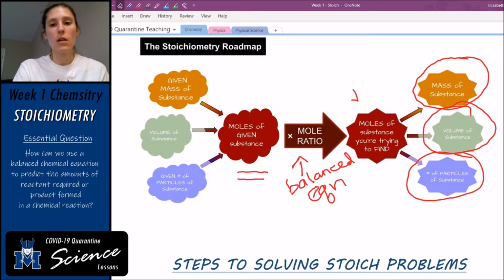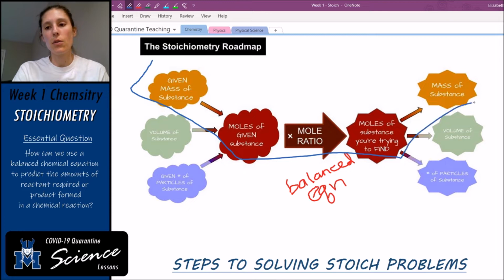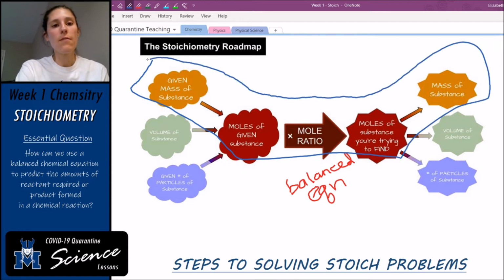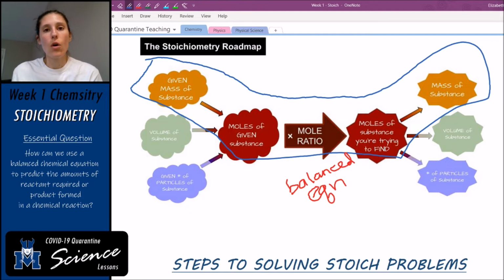Actually, you probably want to keep that diagram, but we are specifically going to just focus on this pathway here. So we're just going to go, given the mass of a substance that you're putting into a reaction, or given the moles of a substance that you're putting into a reaction, how much product are you going to form? And the units will be either moles that you're trying to find or mass in grams. So we're simplifying things down.